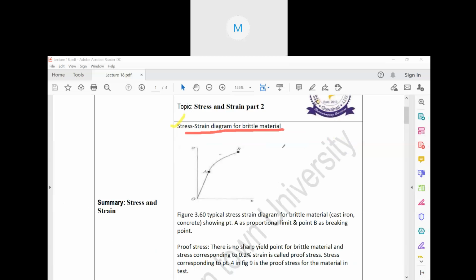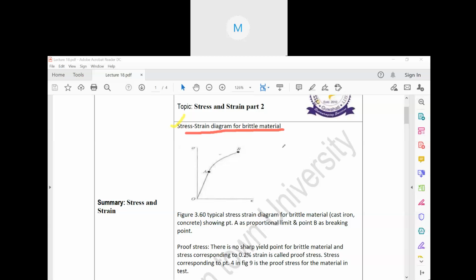What does brittle material mean? A brittle material is a type of material that is easily breakable. That means it does not show any properties of elasticity. This is a typical stress strain diagram for a brittle material, that means cast iron or maybe concrete.